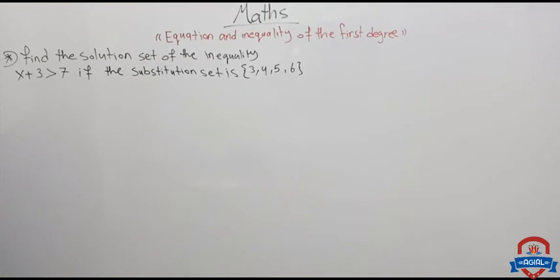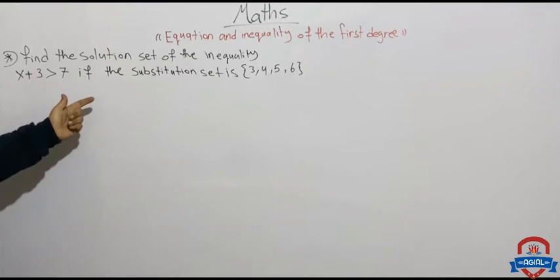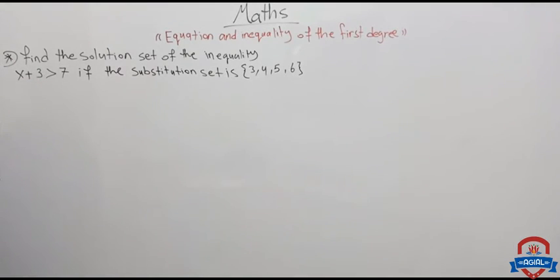Find the solution set of the inequality x plus 3 greater than 7 if the substitution set is {3, 4, 5, 6}. To solve this exercise, let's start with the number 3.